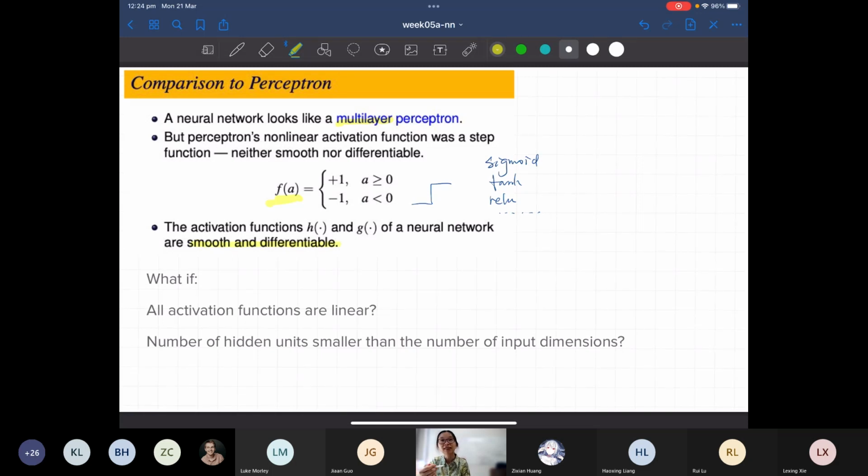Why do we want them to be smooth and differentiable? That is because we want to learn the linear weights, as we will see in the backpropagation procedure.